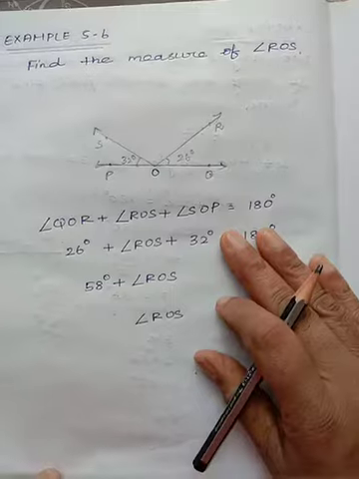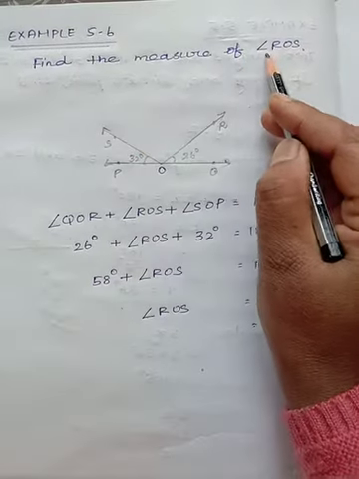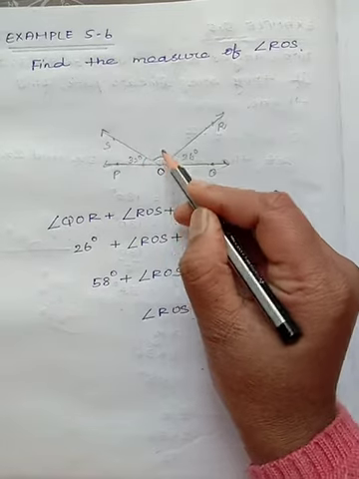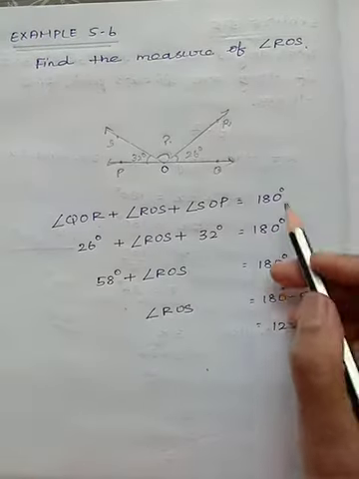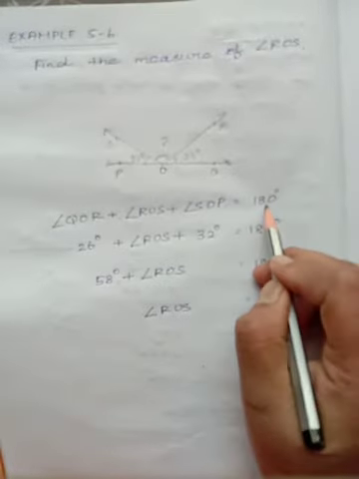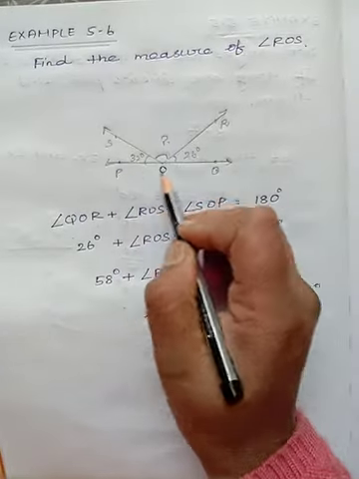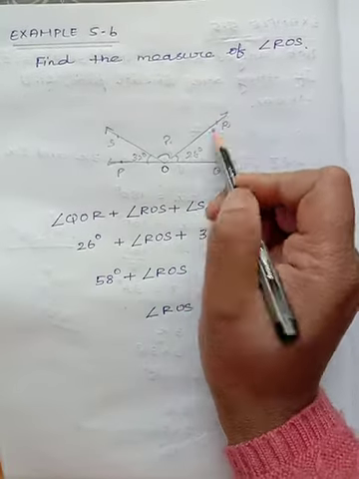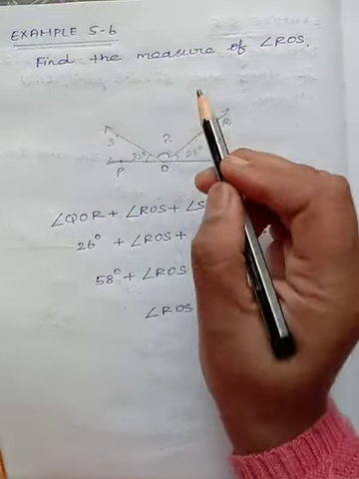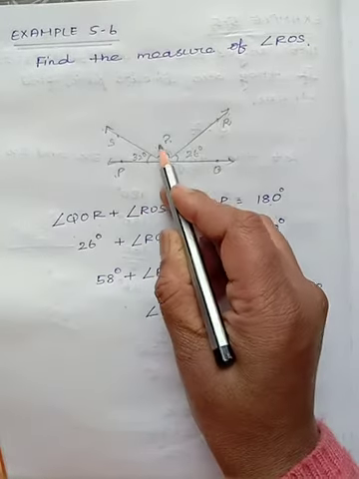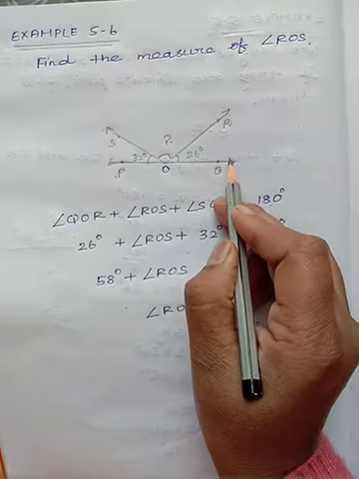Next is example 5.6. Find the measure of angle ROS. This angle is missing and we will find it out. This is a linear pair, so we add all the adjacent angles to get 180 degrees. QOR plus ROS plus SOP equals 180 degrees, an angle on a straight line.